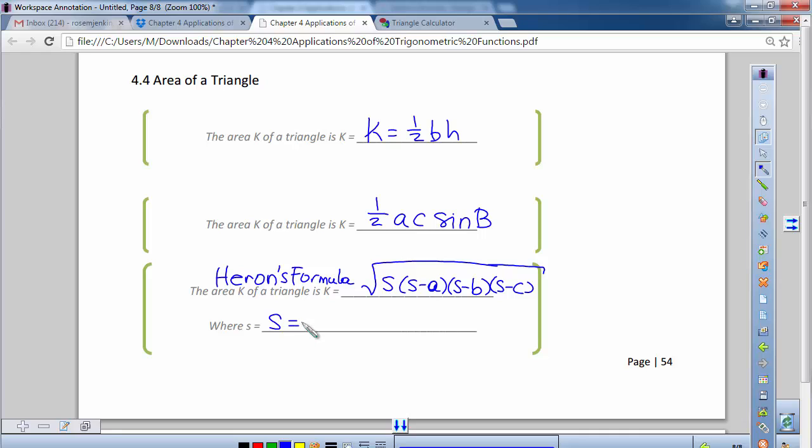So it's half of the perimeter of the triangle, 1/2 of A plus B plus C, where A, B, and C are the lengths of the sides of the triangle. Depending on which information we're given, we can choose the most efficient formula to help us find the area of the triangle.